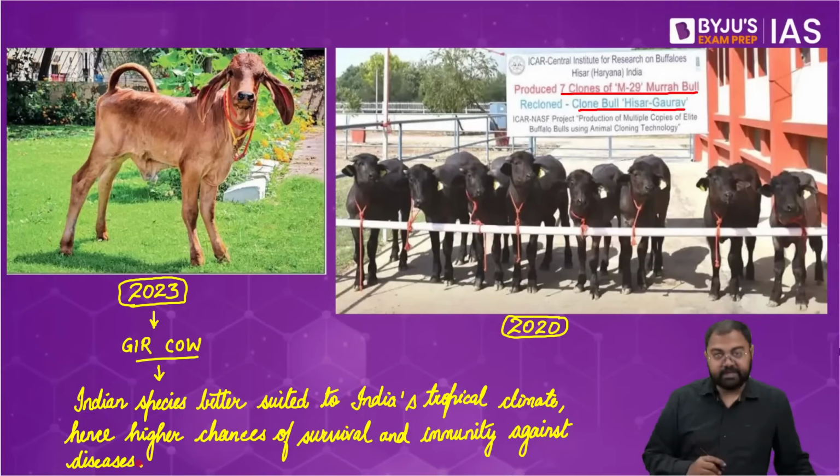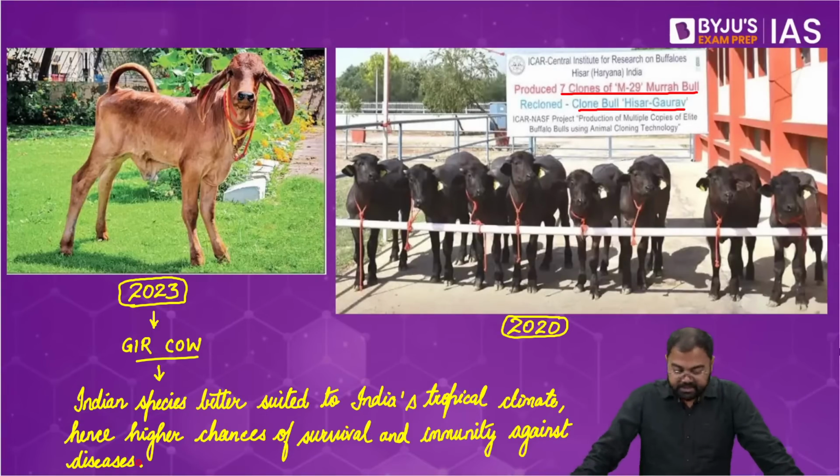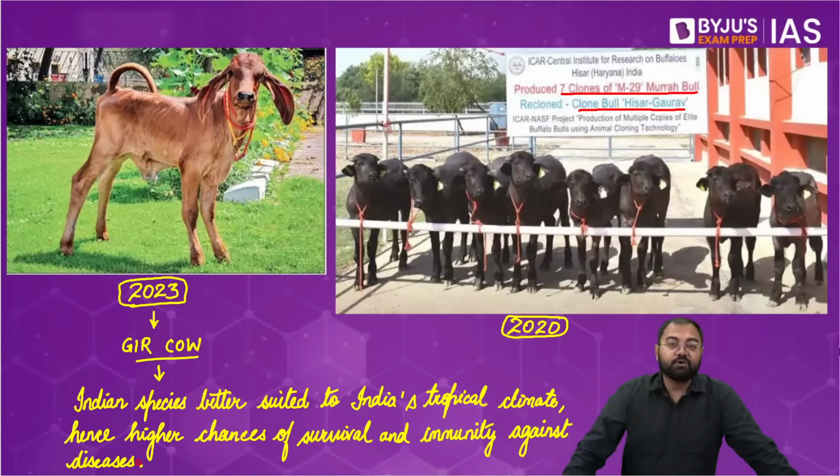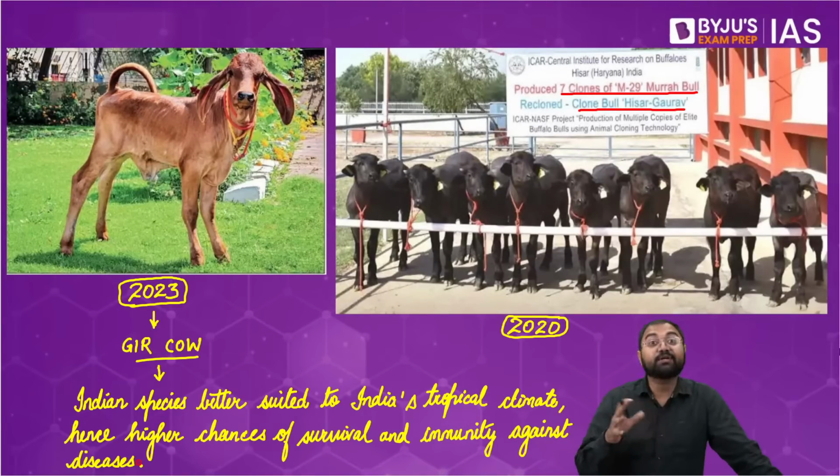So that was the basic reason why this time we thought that instead of looking at cloning of foreign variety of cows, let's also try goes, and if we are able to draw all the benefits that we are theoretically thinking of.